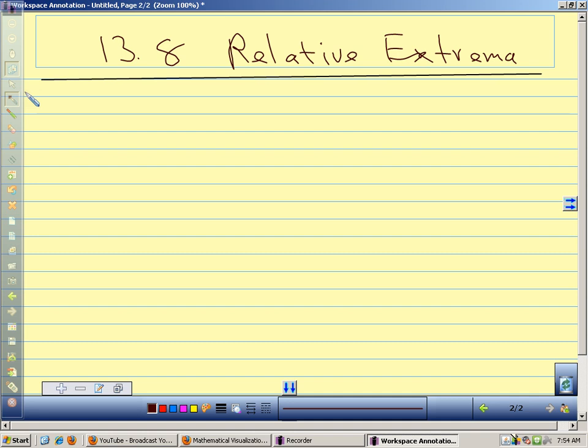So we're taking some subset of our domain and saying that our function is going to obtain a maximum or minimum value in that region. So let's just define what we're talking about with a local maximum or minimum. It's pretty intuitive, but I just want to make sure we have our definition. And then we'll talk about how we find them.